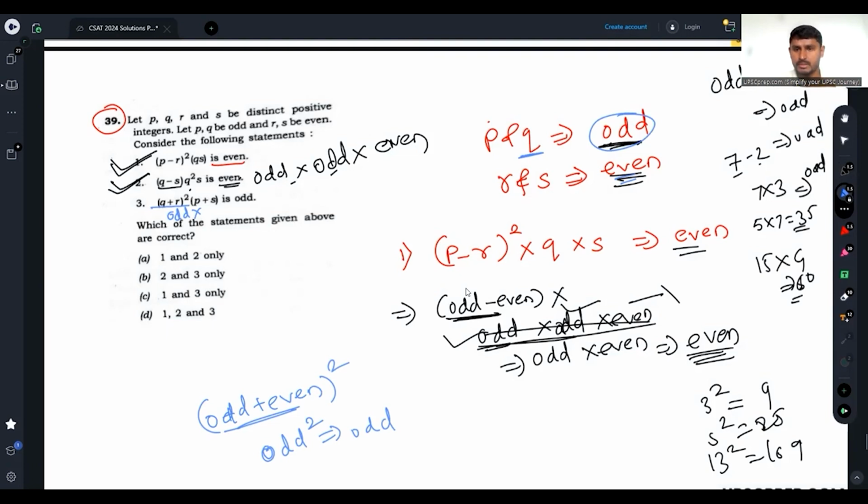Again odd plus even, and we know odd plus even is again odd, right? So odd into odd we have to find out basically. If you multiply any odd number into an odd number, we have found out that this will always be odd. जैसे कि 7 into 3, 21 odd number, 5 into 7, 35 odd number. So odd into odd will always give us odd. So what they are saying, this (q plus r) का square into (p plus s) is always odd, यानी कि always odd. तो statement 3 is also correct. तो option D will be the right answer in this case.